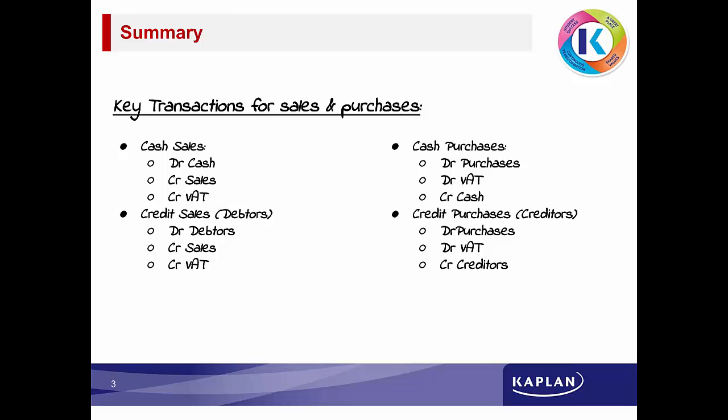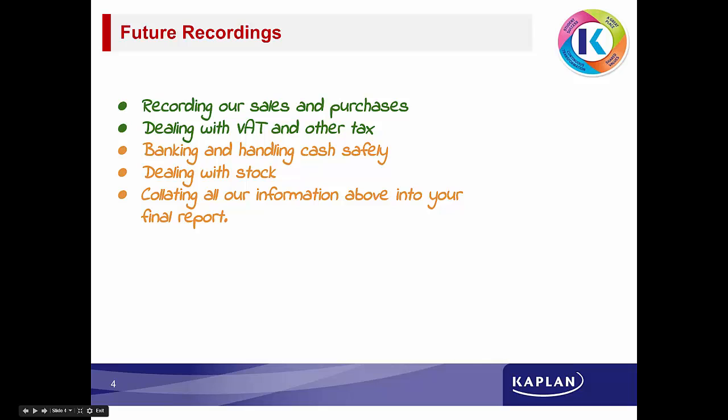On the other side, if we make any purchases, our purchases are always going to be a debit. We're going to also have to record the VAT on that purchase as a debit, and the credit side this time, we're going to either record the cash sale or we're going to record the creditor, which we will then pay later on.